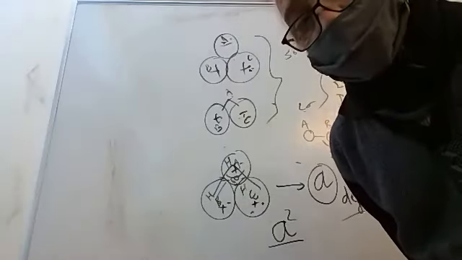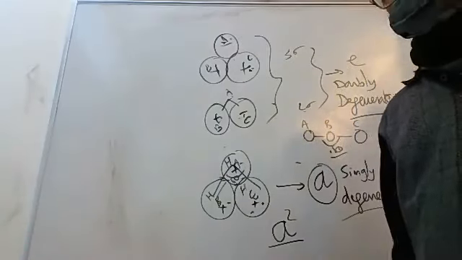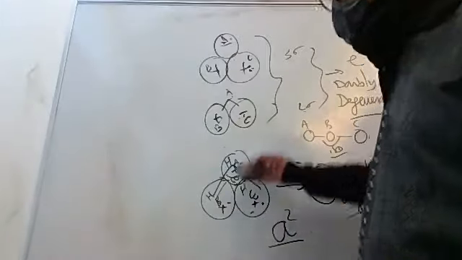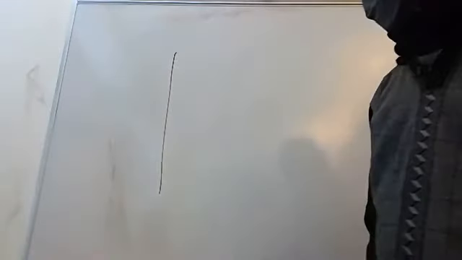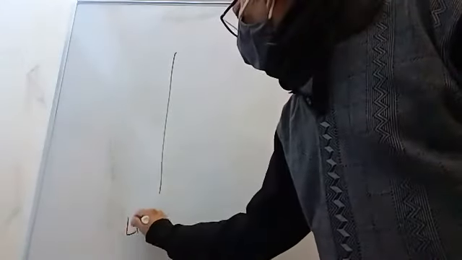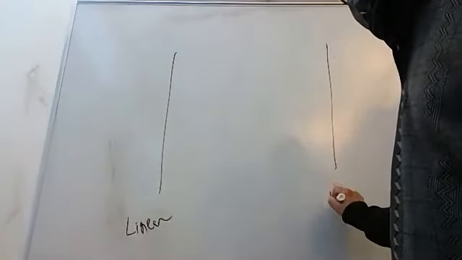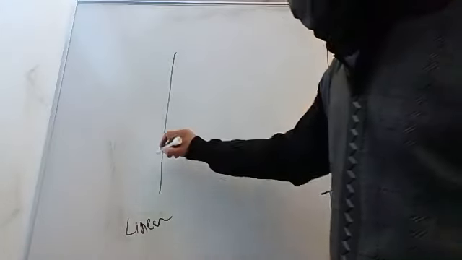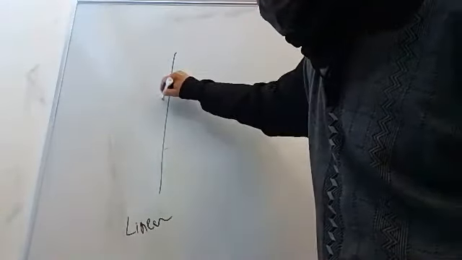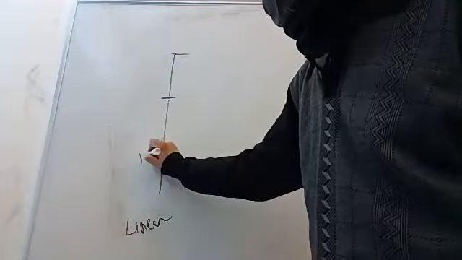So let's now compare the linear and the trigonal functions in terms of their energies. So let's now, on the left-hand side, write down the energies for the linear one. And on the right, we have the trigonal one. In linear, we have 1 sigma, 2 sigma, 3 sigma.